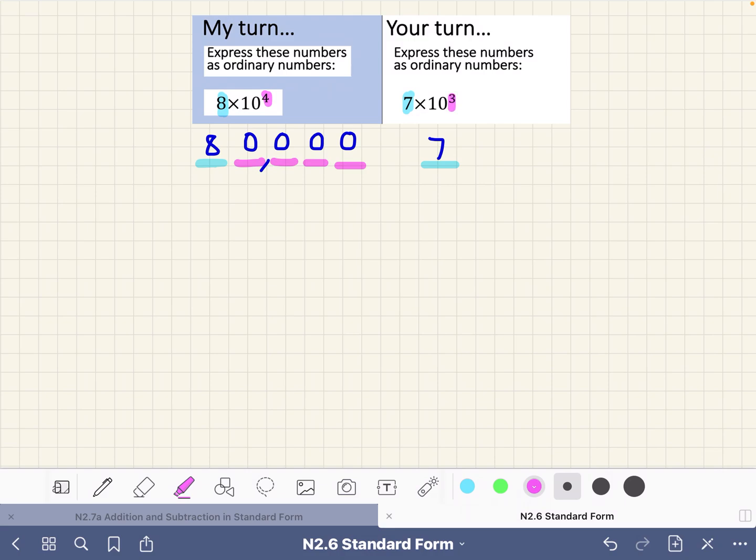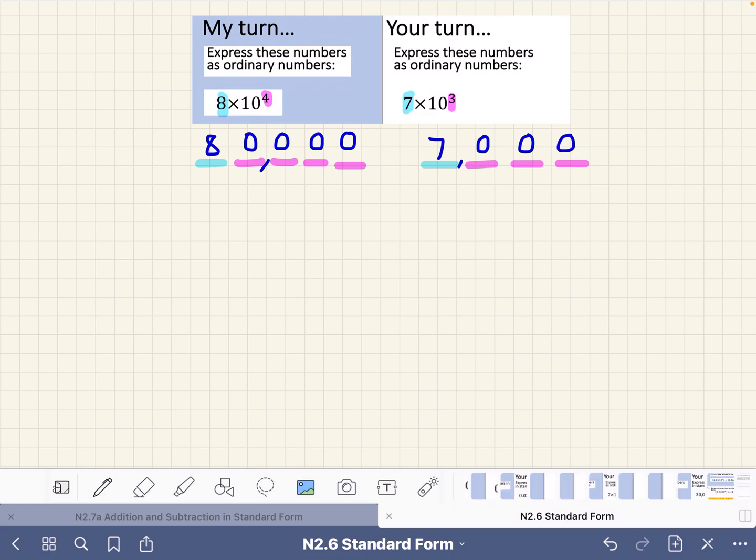We have a power of 3, which means we have 1, 2, 3 spaces after the 7. We do not have any other non-zero numbers, therefore those spaces are filled with zeros. 1, 2, 3. So 7 multiplied by 10 to the power of 3 is the same as 7,000.